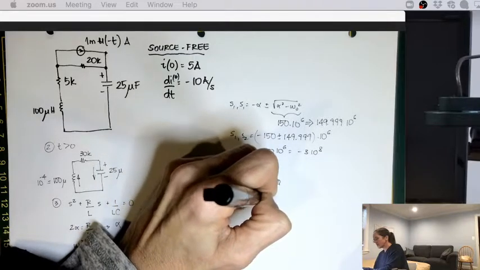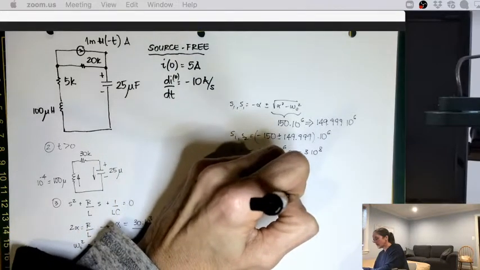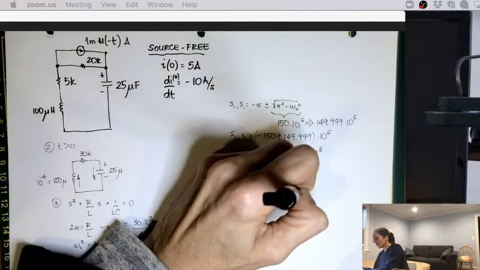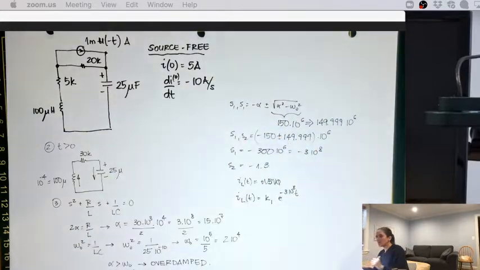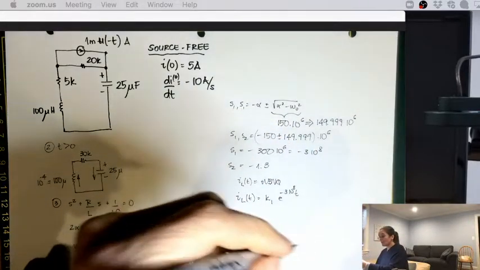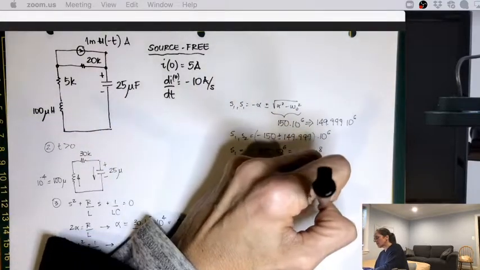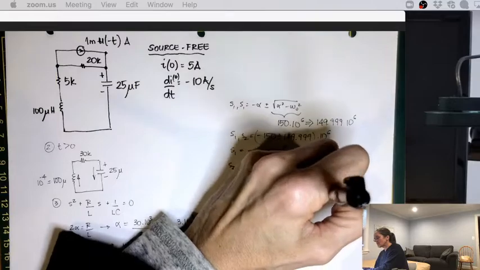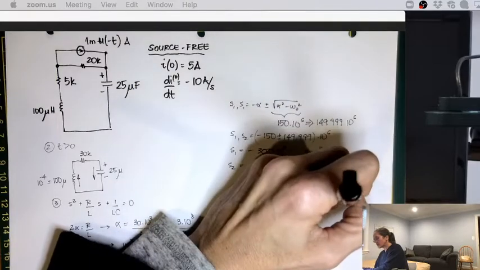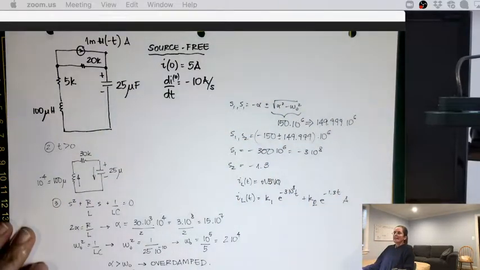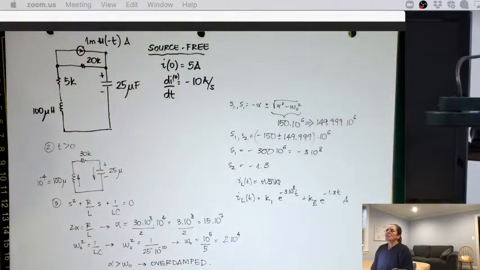I_L of t is K1 e to the minus 3 times 10 to the 8 t, so this is going to go to 0 pretty fast, plus K2 e to the minus 1.3t amps. Now we need to use the initial conditions to find K1 and K2.